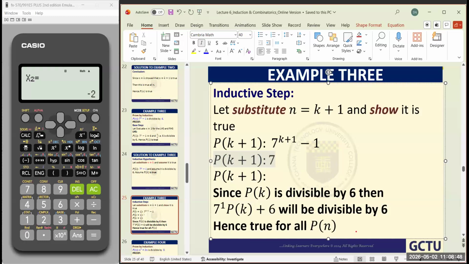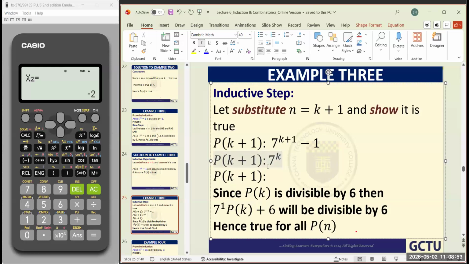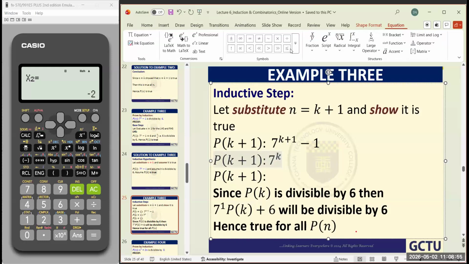This can be written as 7 raised to the power k, times 7 raised to the power 1, minus 1. Now, if you remember what we did in the addition, anytime we are given k plus 1, we want to try and pull out the kth term, 1, 2, 3 up to k, before k plus 1.